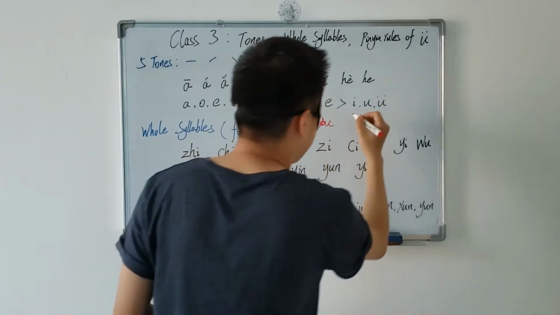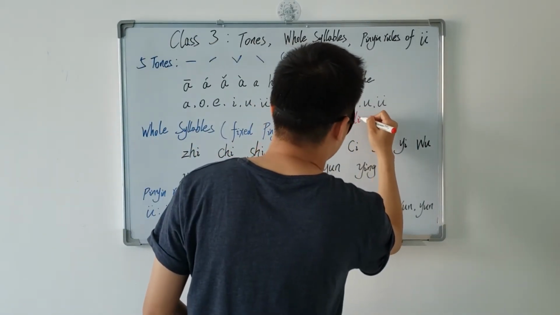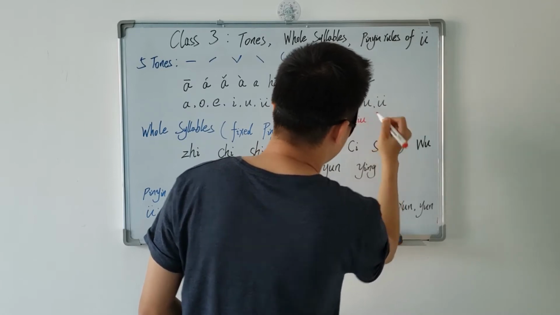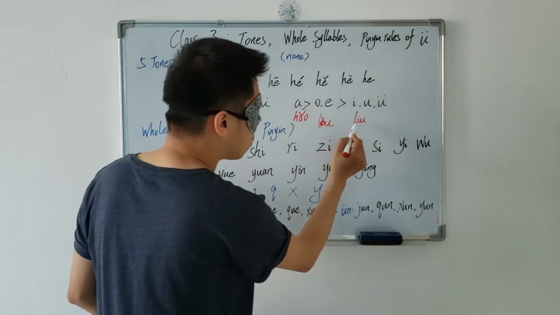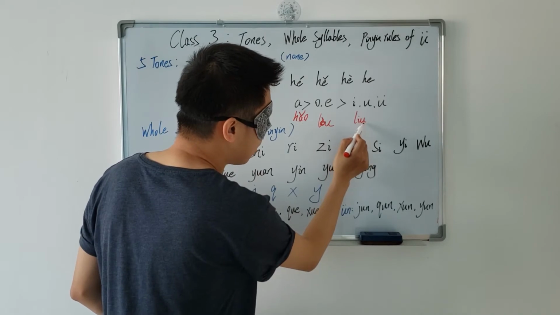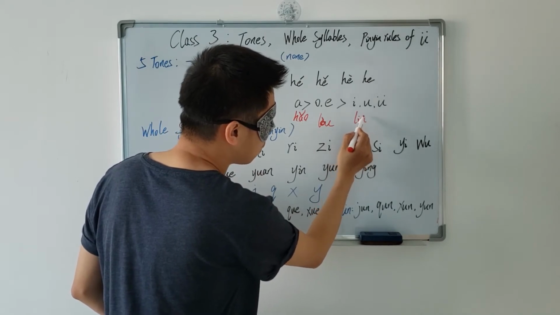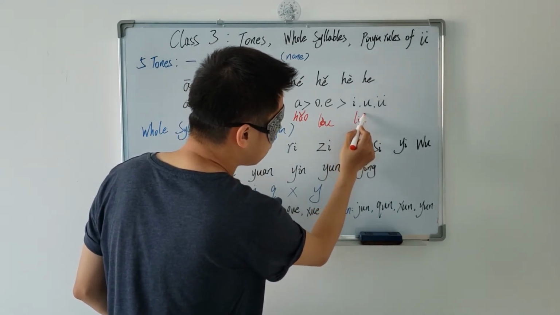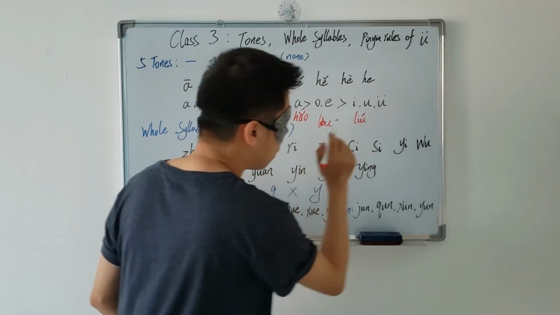For example, liu. You can see there's i and u, so you put it on the u.